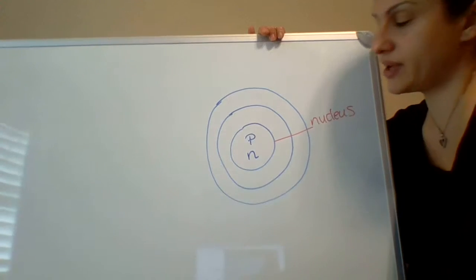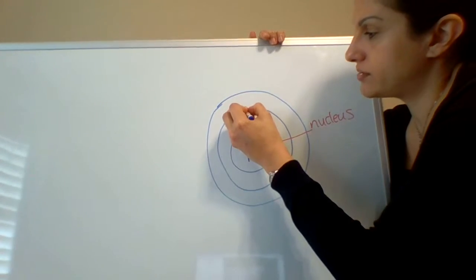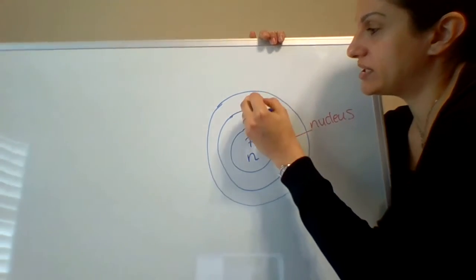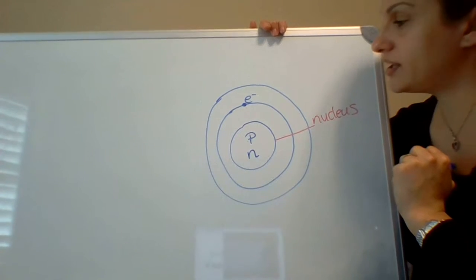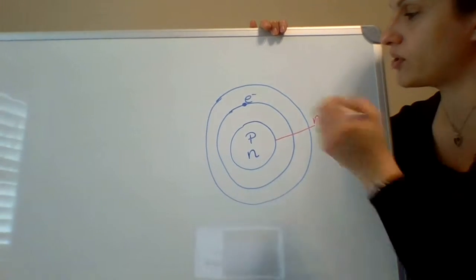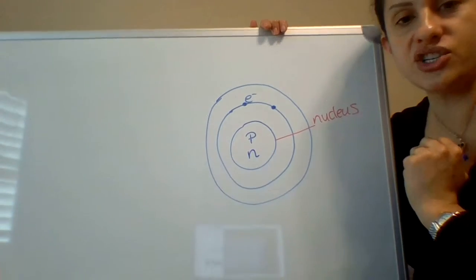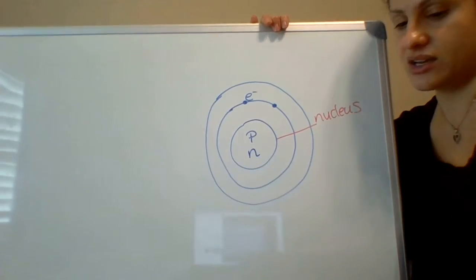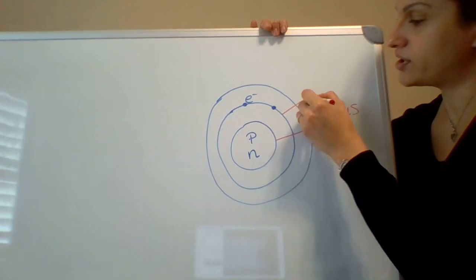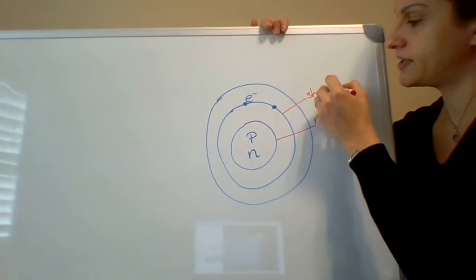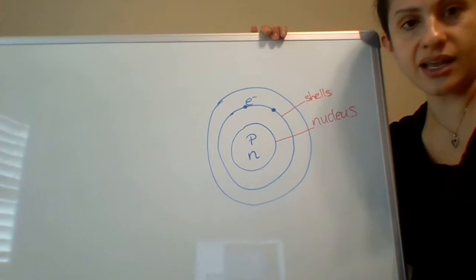So I will show you that as well. And then we usually sometimes put the electron note, or you can just do the dots on each shell. So again, these are the shells, and those are where the electrons lie.